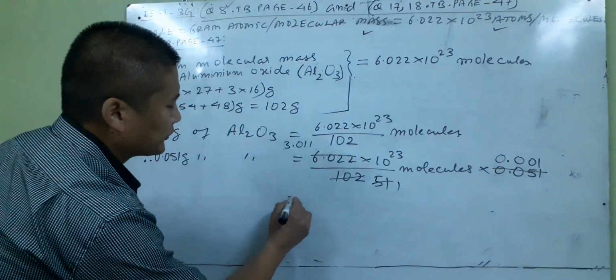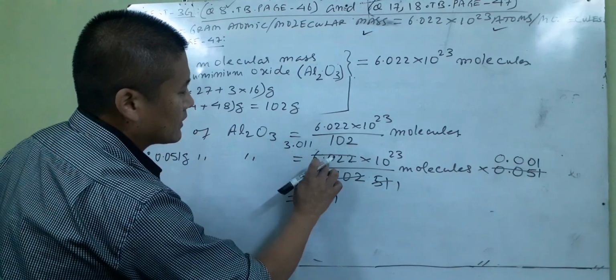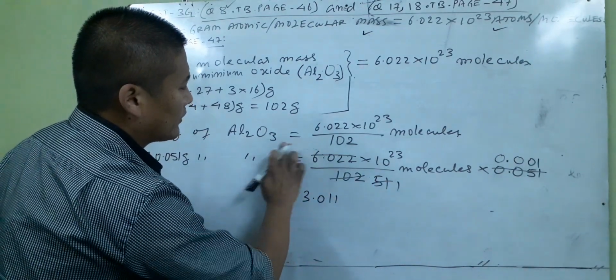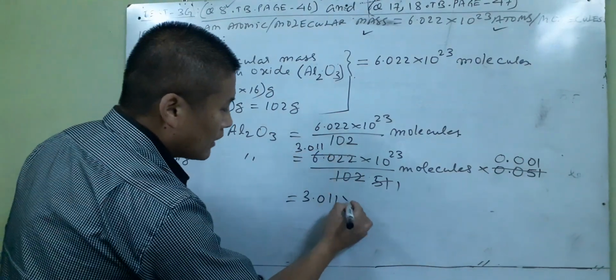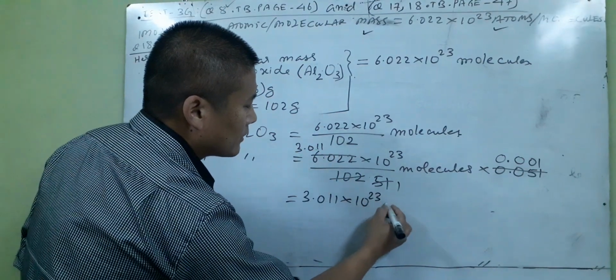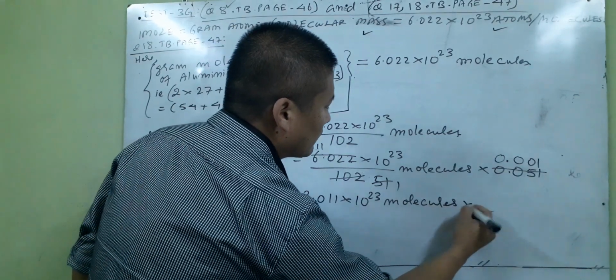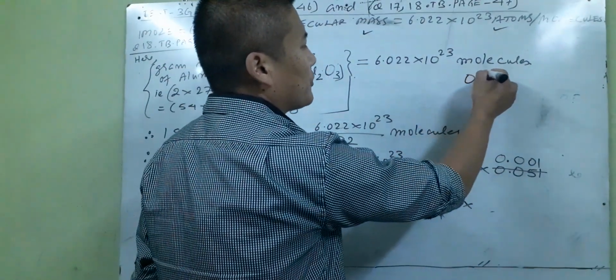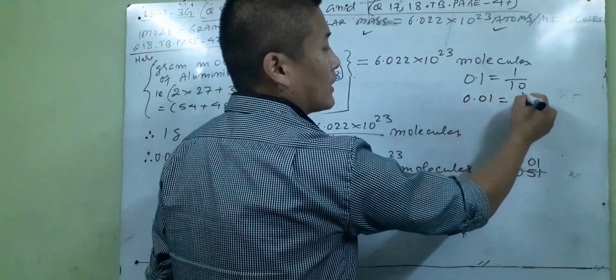Okay, so now next, let us do this part. 3.011 here after cancelling, and then okay, let me write it once more. 3.011 for this into 10 to the power 23 molecules. Just same thing into, now you see here 0.1 means 1 divided by 10. 0.01 is 1 divided by 100.